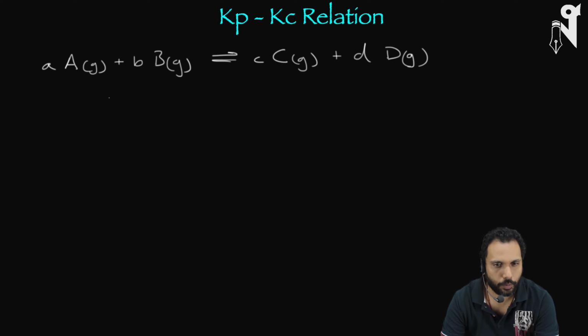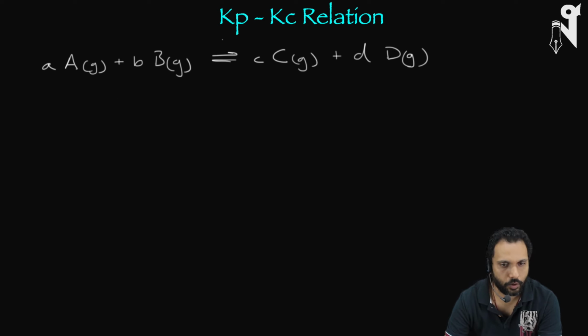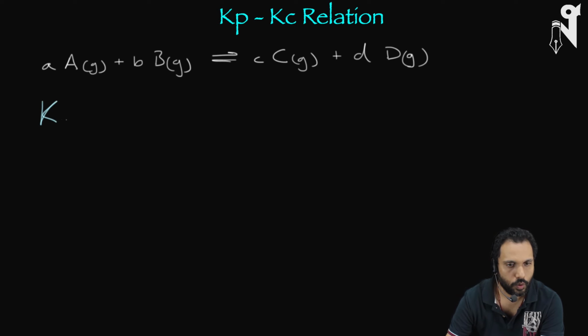If I have to report the Kp value of it, as discussed, it would be equal to the multiplication of the activities of the products raised to their stoichiometric coefficients.